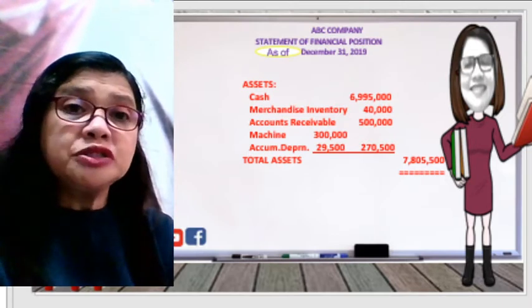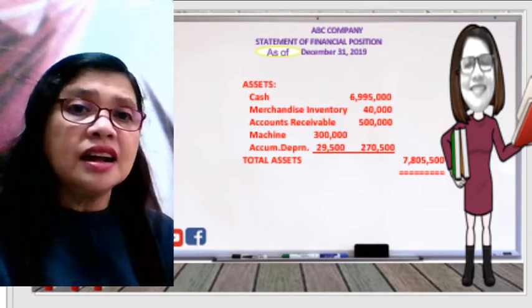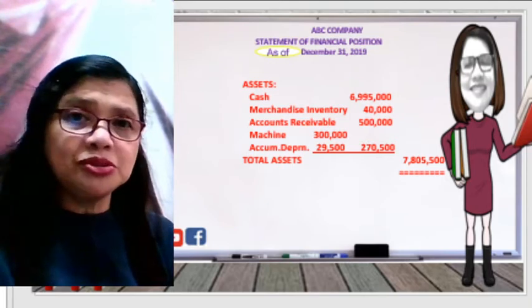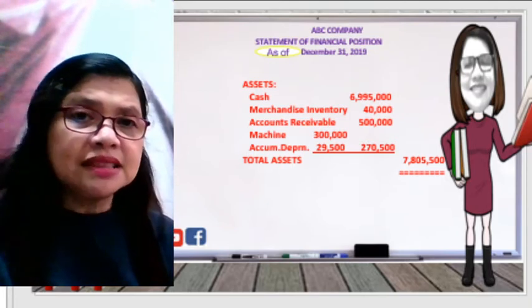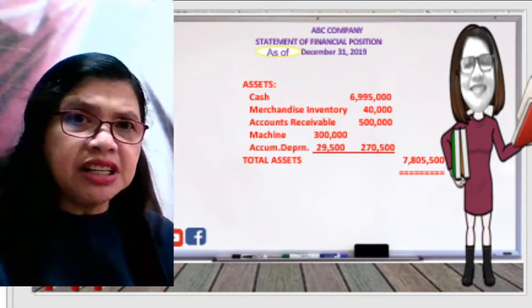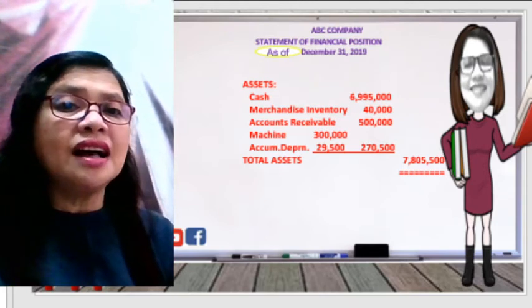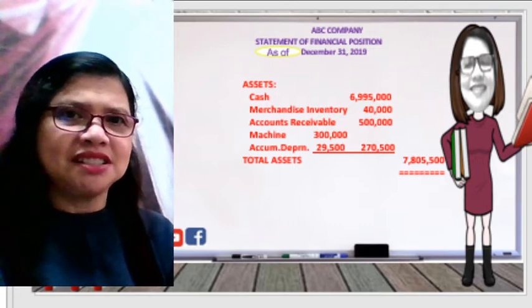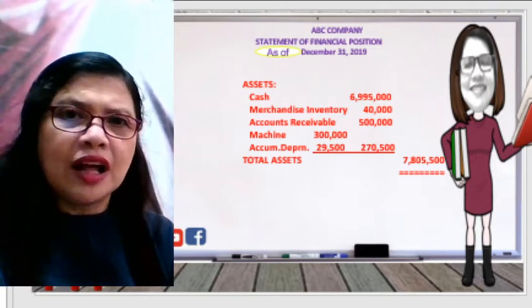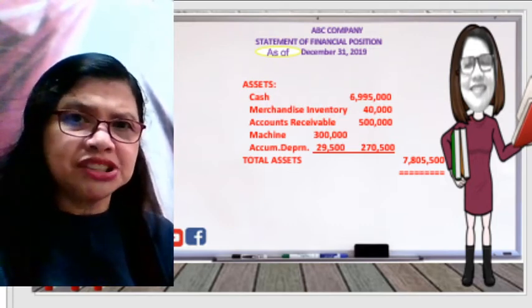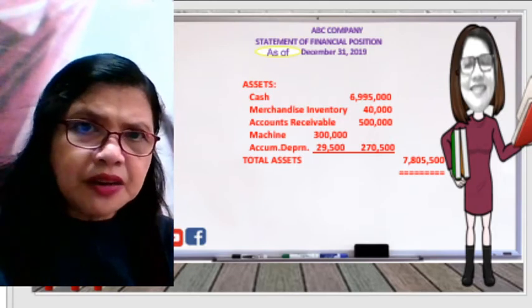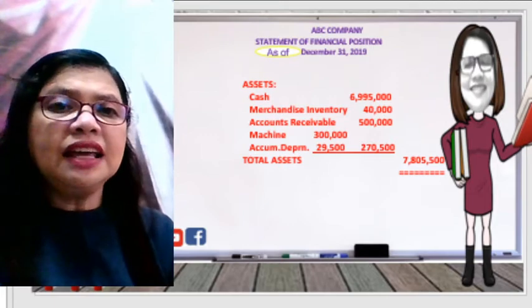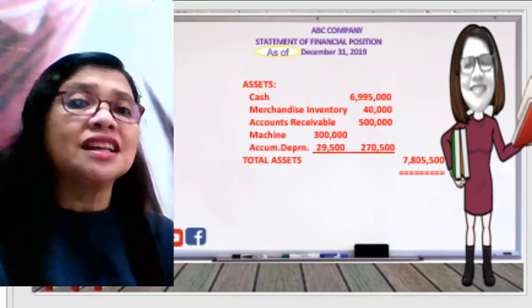Yes, the amount in the adjusting entry of merchandise, which is 40,000. But here is a machine account. You have to deduct the accumulated depreciation to get the book value of your machine. So your total assets must be 7,805,000.